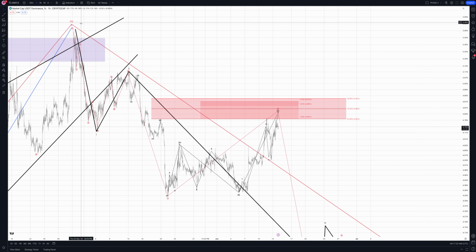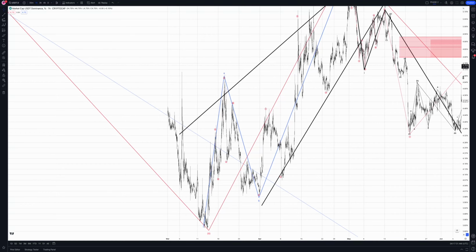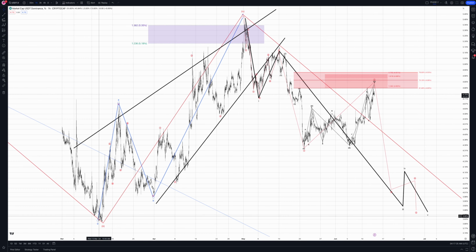So with USD dominance over here, we have our wave 1, so a 5 wave. I think in trading it's very important to know where the price is coming from, right? So what we have is a 3-wave move up, 3-wave move down, and then a 5-wave move to the upside for an ABC correction in the form of a rising wedge.